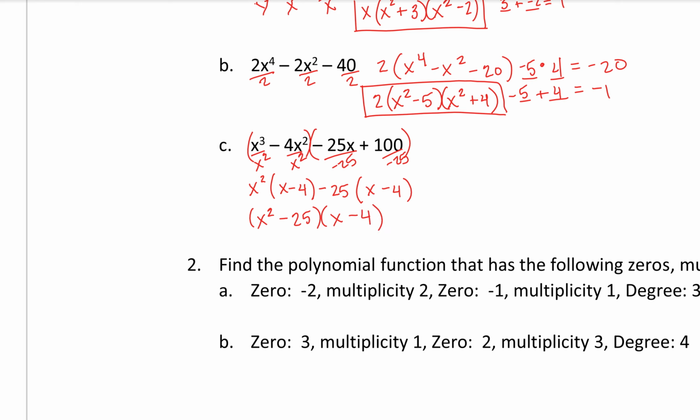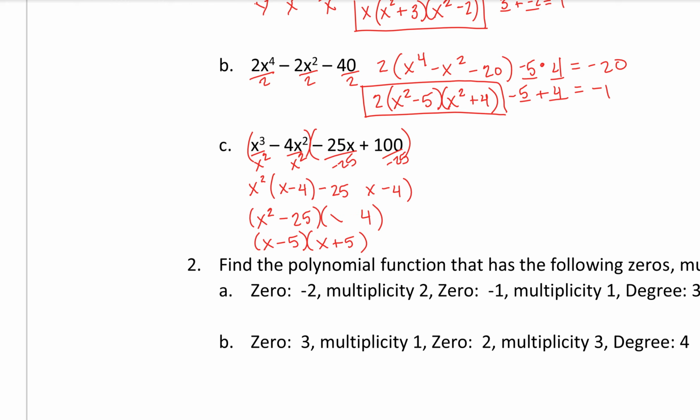This is where I want to look at it and ask, okay, can I factor anything further? And in this case, I can. I have an x squared minus 25. Can I take the square root of that 25? Yes, I can. So I know that it's going to be x minus 5, x plus 5.